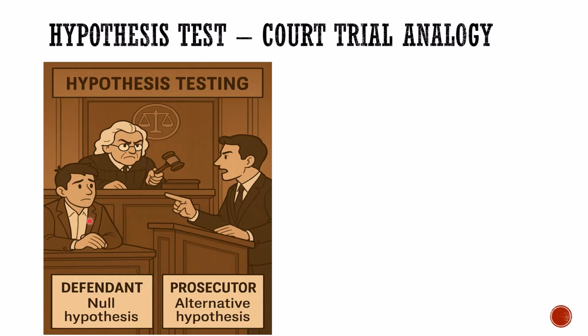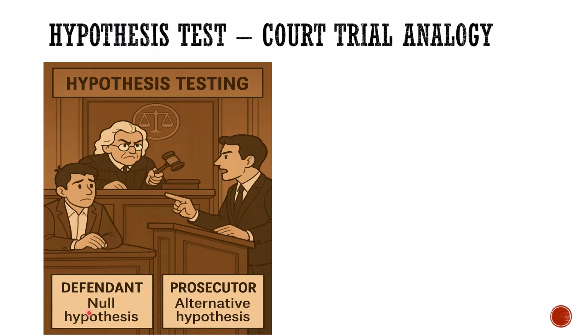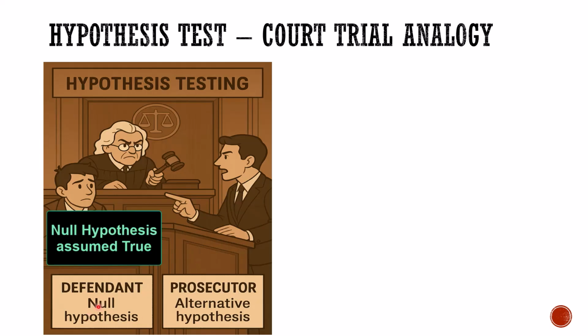In the same manner, in a hypothesis test, there are two sides. One is the null hypothesis that is analogous to a defendant in the court trial situation. The null hypothesis presents the status quo situation. It is considered to be true to start with, just as the defendant is considered innocent at the beginning of the trial.